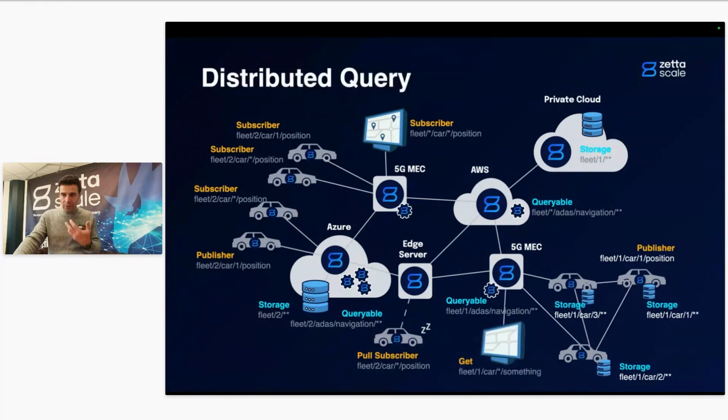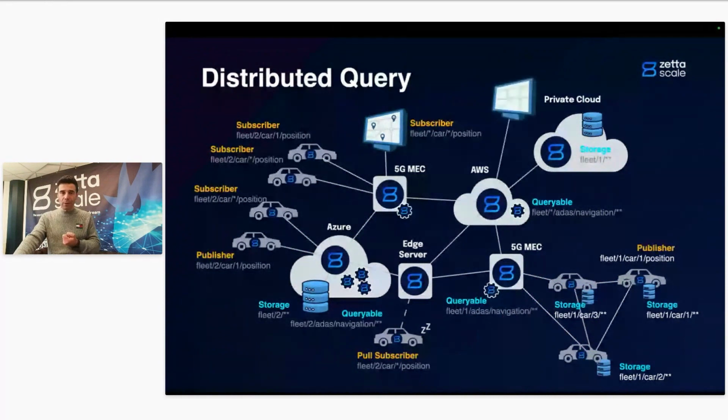And then we have the distributed query. Here I can issue a query, perhaps on this side of the network, looking for something on all the cars belonging to fleet 1. In this case, perhaps the best way of addressing this query is to query directly the storages that are on the cars. Zeno will route the query and then consolidate back the result.